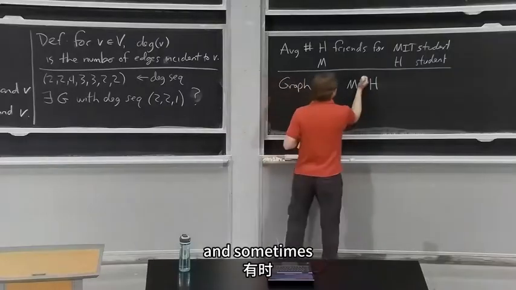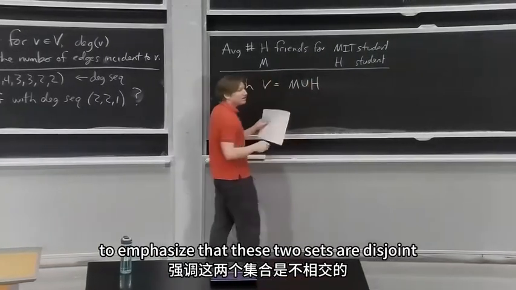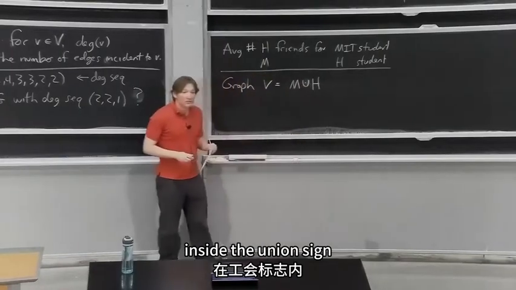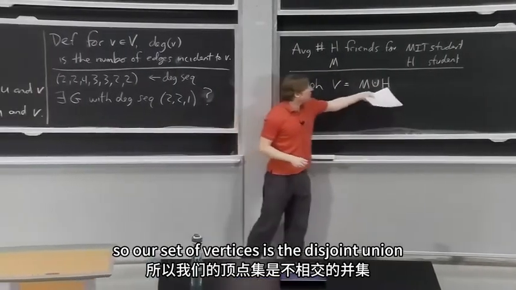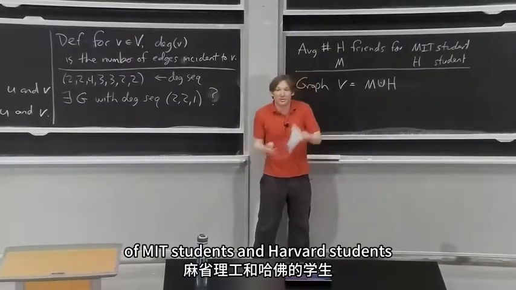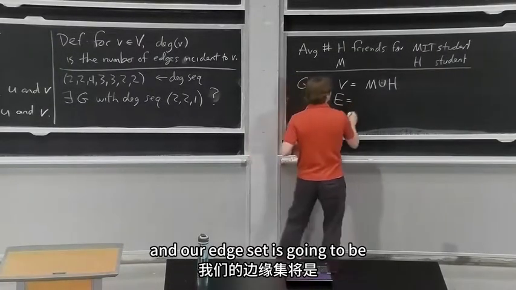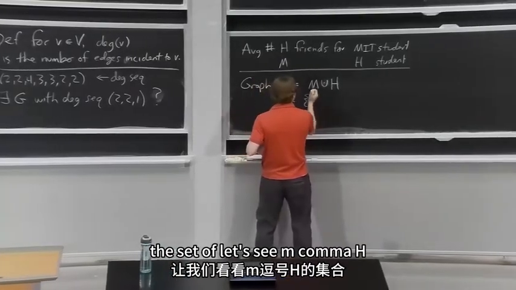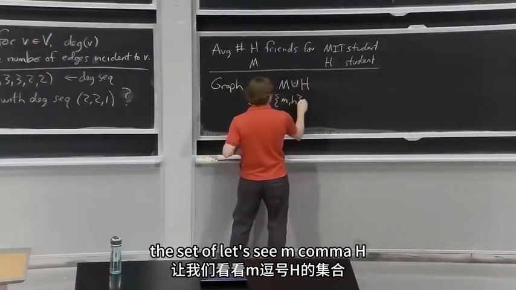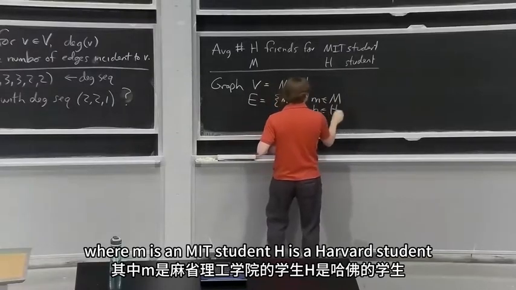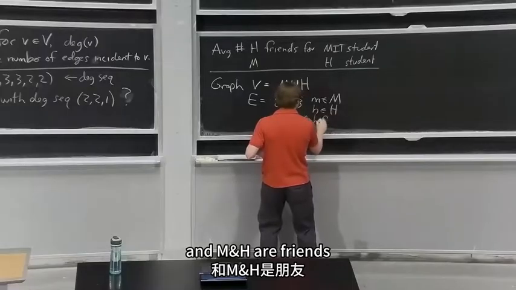And sometimes, to emphasize that these two sets are disjoint, you put a little dot inside the union sign. So our set of vertices is the disjoint union of MIT students and Harvard students. And our edge set is going to be the set of, let's see, (M, H), where M is an MIT student, H is a Harvard student, and M and H are friends.